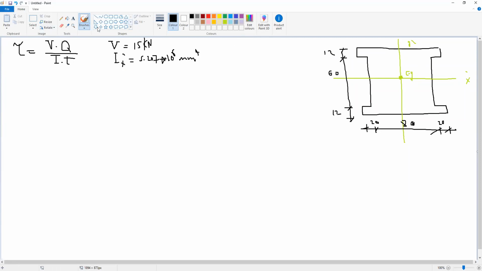So the next step is, after knowing V and I, we need to know Q and T. Okay, I will start with T. T is the thickness at the point where we need to calculate the stress.